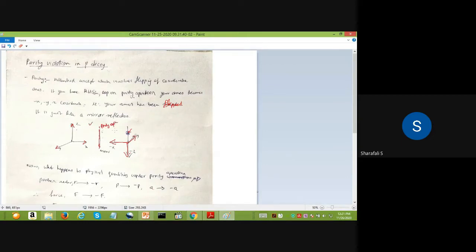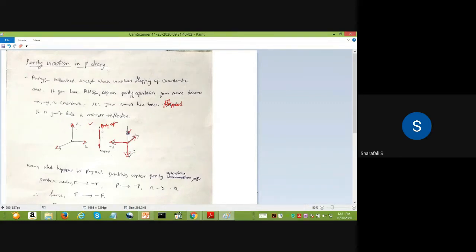If you do the parity operation, then x will become minus x, z will become minus z, and y will become minus y. Okay, so that is the parity operation. It is a mathematical concept, and if you consider the Cartesian coordinates x, y, z, then they will be flipped into minus x, minus y, minus z.